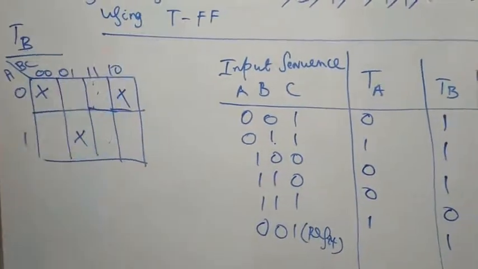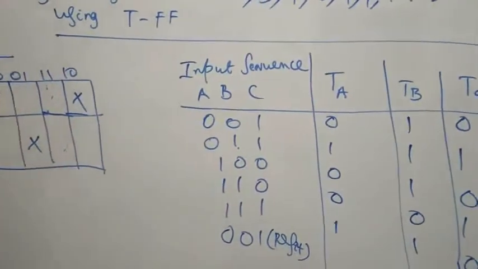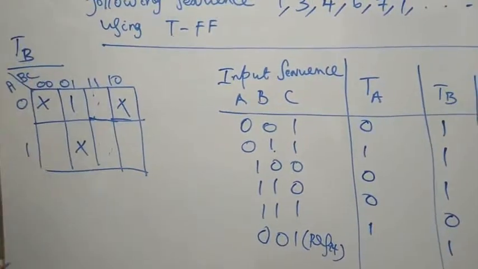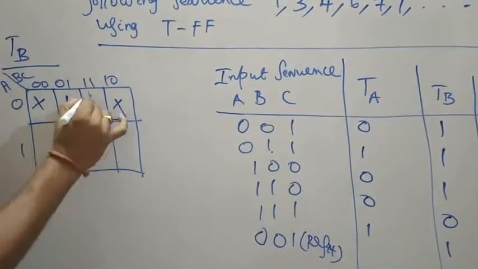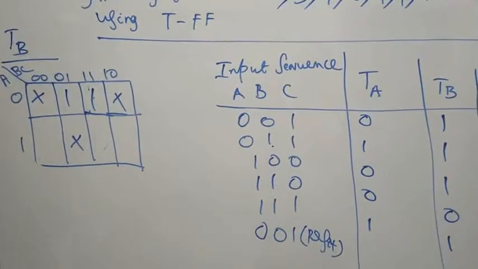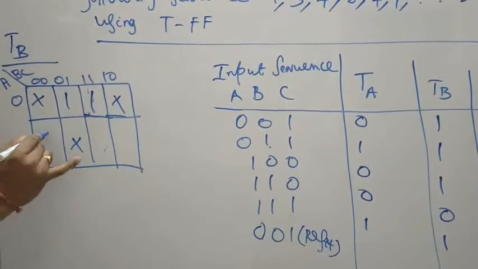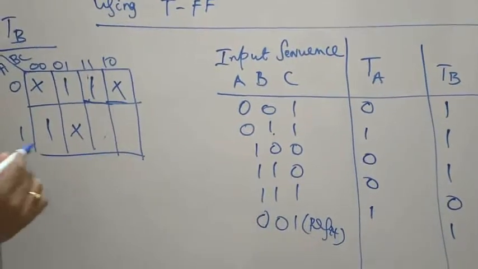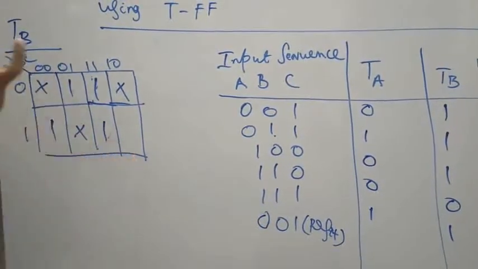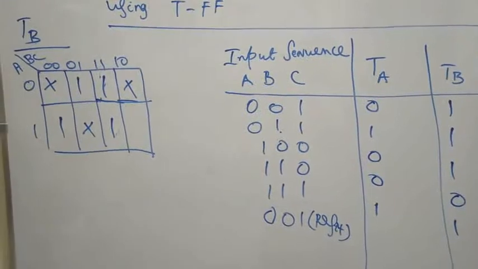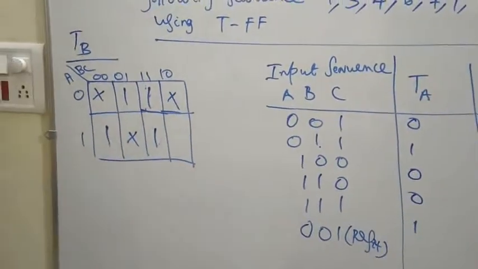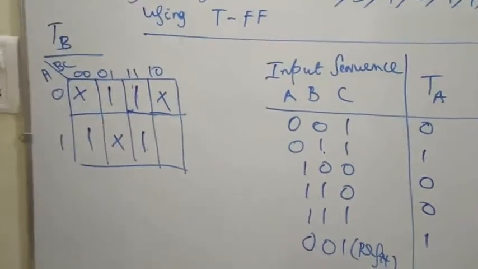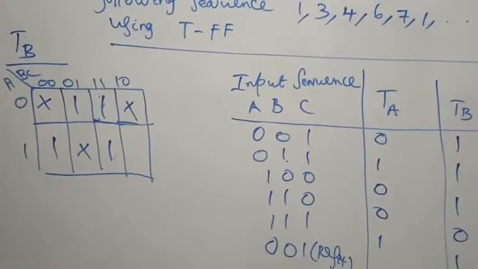What is TB now? So it is 1 for 0, 0, 1. Then 0, 1, 1, it is 1. Then 1, 0, 0, it is 1. And then 1, 1, 1, it is 1. Okay, 1, 1, 0, it is 0, we won't plot it. Then how can we find it now?